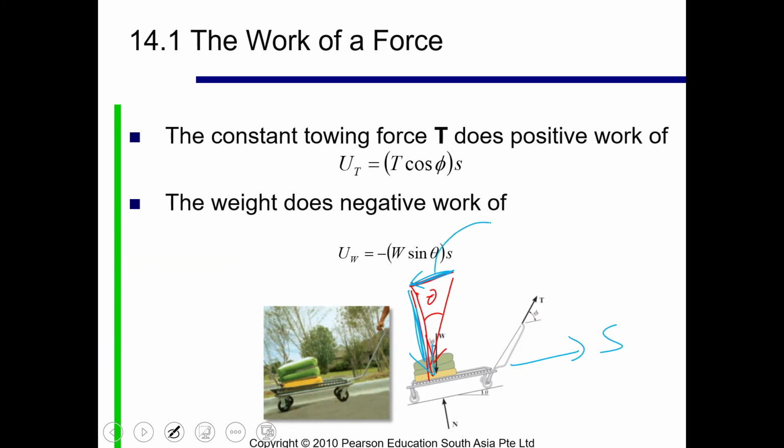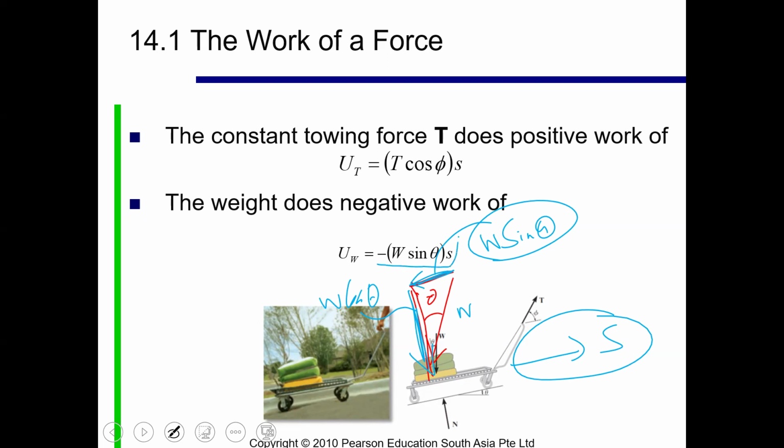So what is this weight component, students? Sine or cos of weight? Sine. Yes, this is opposite to the angle. So this should be W sin theta, and this would be W cos theta, right? Now you can analyze that this weight component and the displacement are in the opposite direction. So this should be a negative work done.